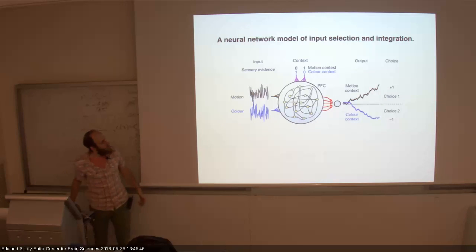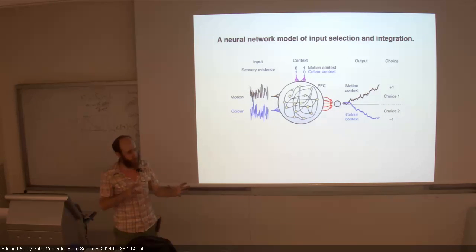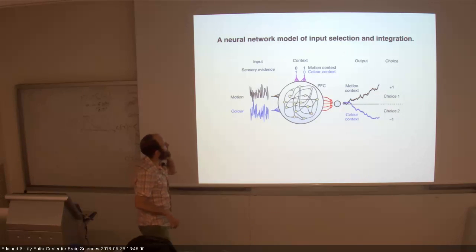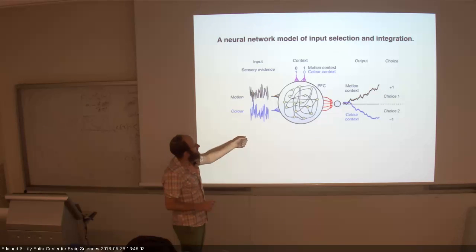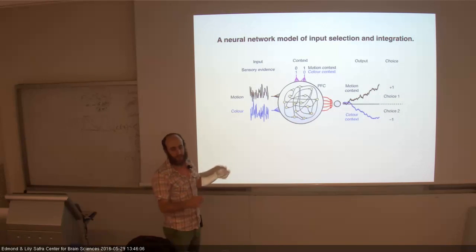And so the task has this nonlinearity because there's two different contexts, in which the exact same stimulus has to produce different outputs just based on the context. So what these folks did was to build this chaotic network and train it to do the task.